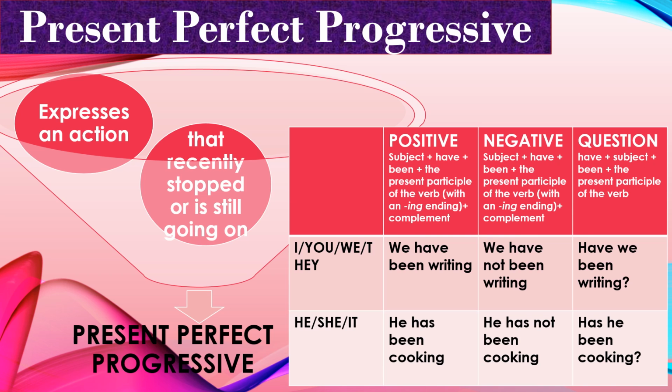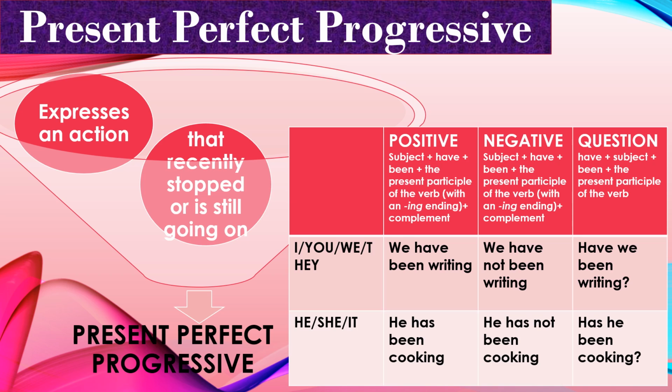Now we have present perfect progressive. The present perfect progressive expresses an action that recently stopped or is still going on. It puts emphasis on the duration or course of the action. How to form the present perfect progressive?